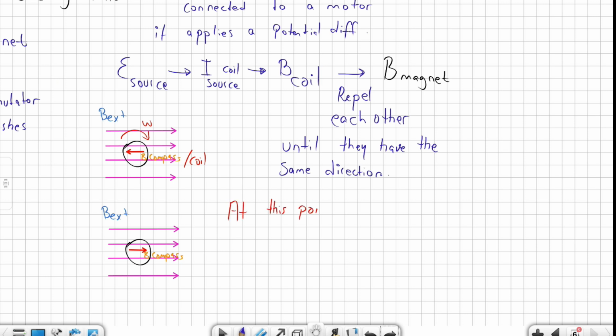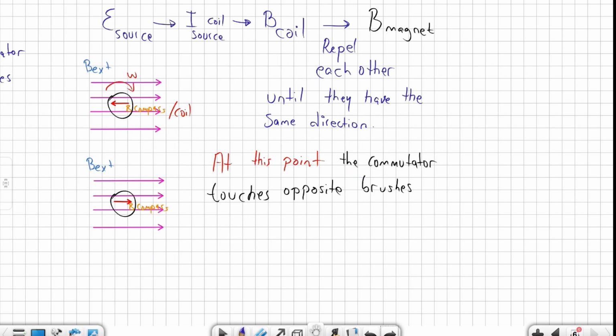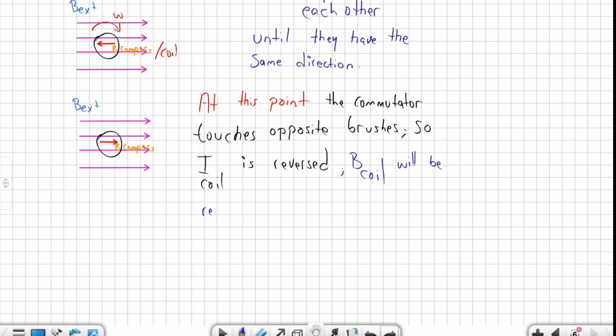At this exact point, the commutator will be touching a different brush, so it is reversing the brushes. When it reverses the brushes, it will reverse the current in the coil. If you reverse the direction of the current, then the direction of the magnetic field will also be reversed. We are back to the first point.